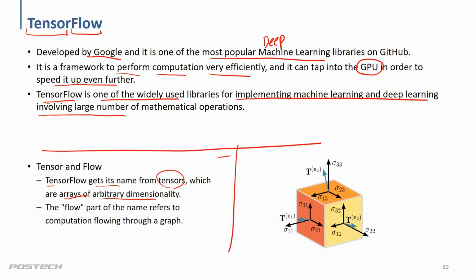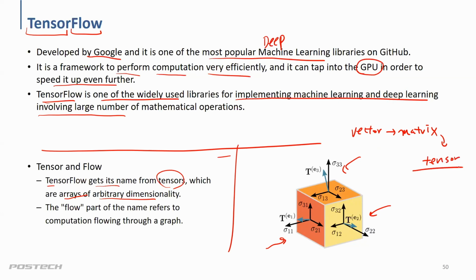You don't have to understand it fully, but you can think of a vector and a matrix, and if you increase the dimension further, you get tensors.